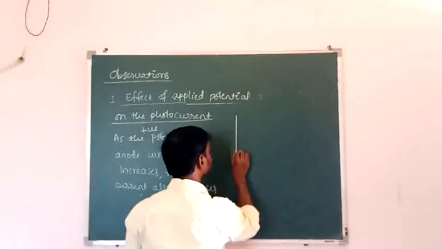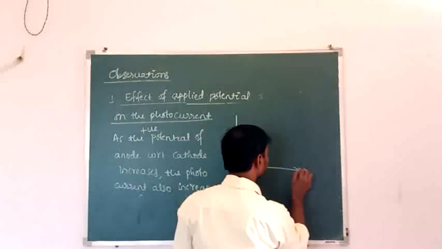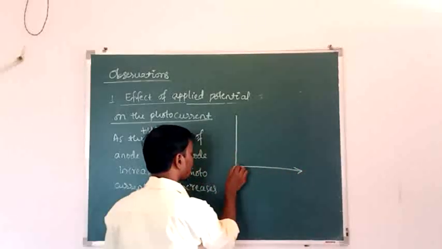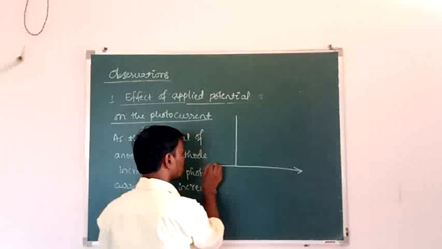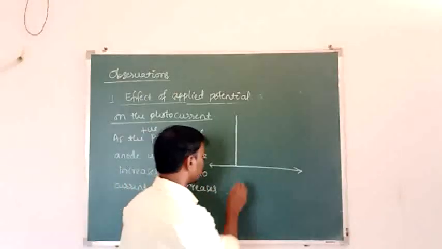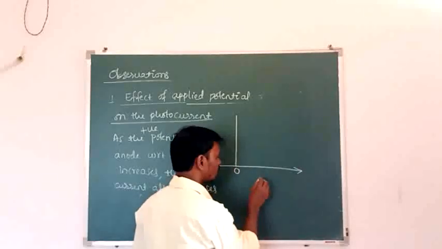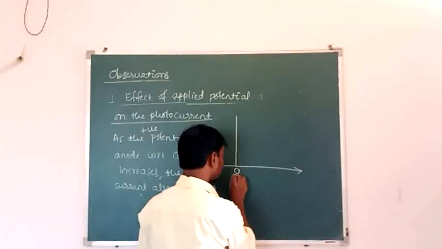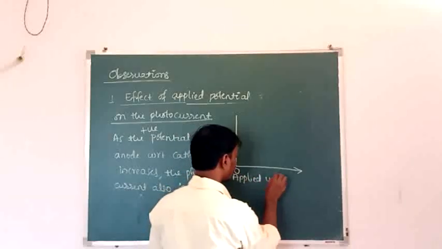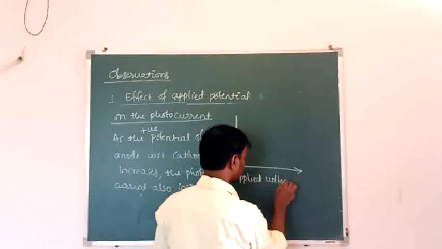See here, then it is origin. Along positive x-axis, positive potential of the anode is taken. Here applied voltage. Along the x-axis we are going to take the applied voltage.